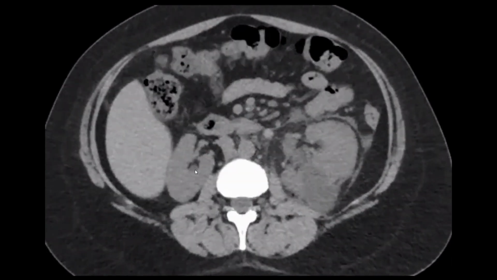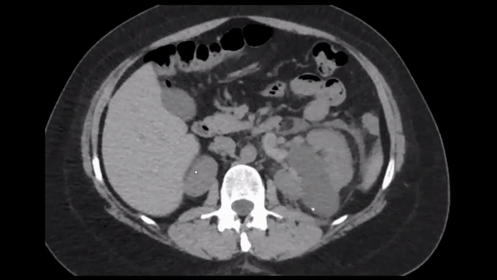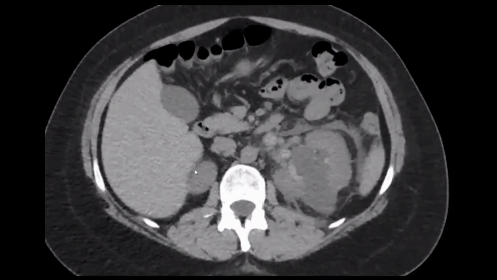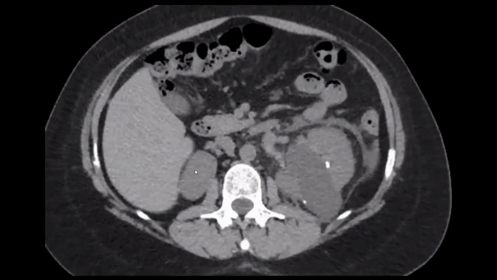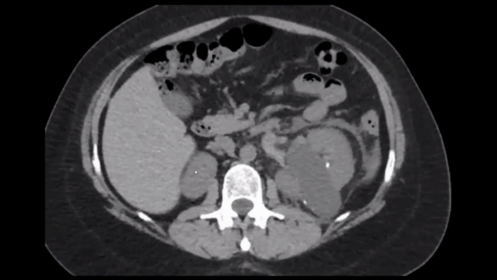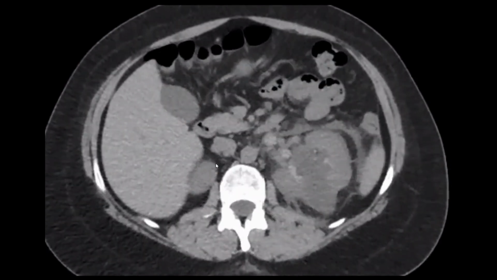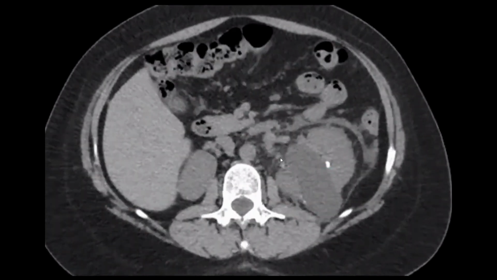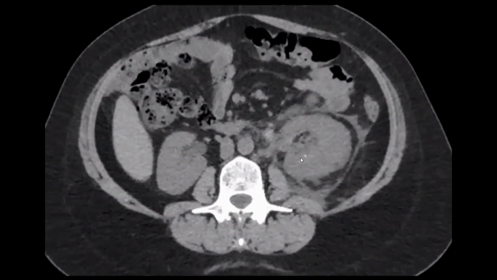There is fat stranding at the perinephric space. I'm not sure, but are these dilated vessels in the renal hilum? Hyperdense, this one? Totally agree. Very nice, you picked up a very nice abnormality. We have something abnormal here, hyperdense at the renal sinus. What do you think this is?